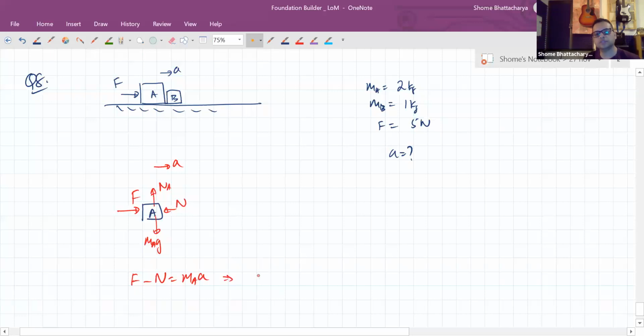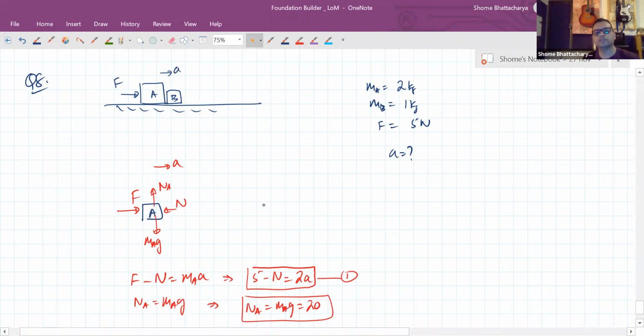This equation becomes 5 newtons minus some normal reaction is 2 kg into acceleration. Vertically, the normal reaction is balancing the weight, so it is equal to 20 newtons.